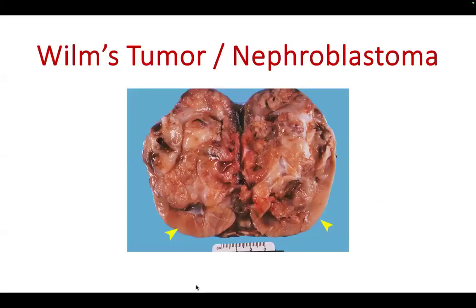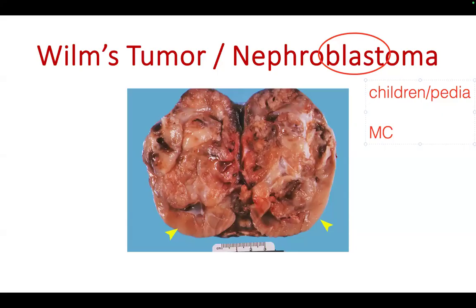Now here's a photo of a Wilms tumor. This is nephroblastoma, so this is in children. Always remember, if it ends in the suffix blastoma or blast, is this children or adults? If it ends in blastoma, it would favor children, or pediatrics.